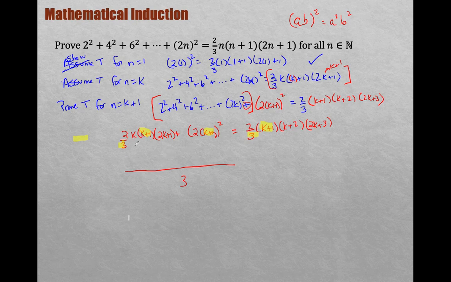And I'm going to write 2k times k plus 1, and then this is 4. But watch how I'm going to write my 4. This is 2 squared times k plus 1 squared.